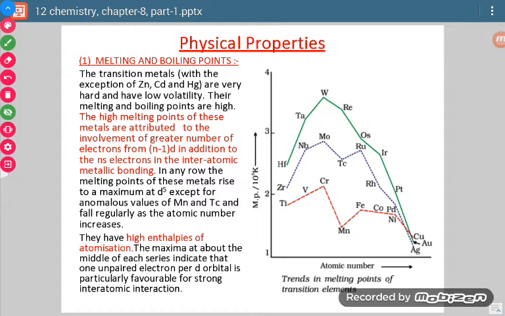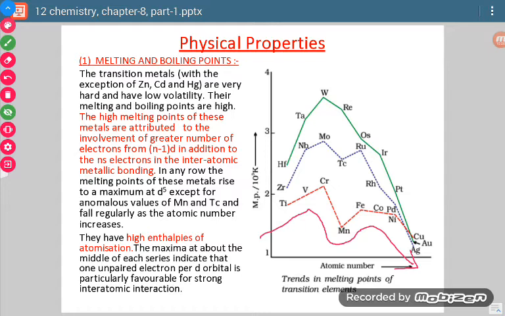Now when we start moving from the beginning to the end of the series, what do we find? We find that there is an increase in the number of unpaired electrons. Then the unpaired electrons reach the maximum value, and after reaching the maximum value, the number of unpaired electrons starts decreasing.